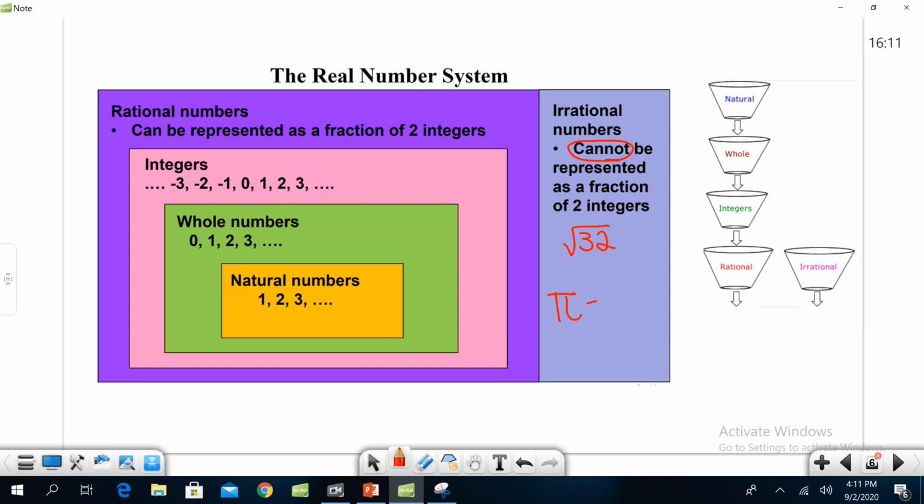Pi is also irrational. Even though we use 3.14 when we are in 8th grade, that is just an estimate. Pi is a special number that continues forever. So pi is actually 3.14159265897, and it continues forever. So there's no way I can turn that into a fraction.